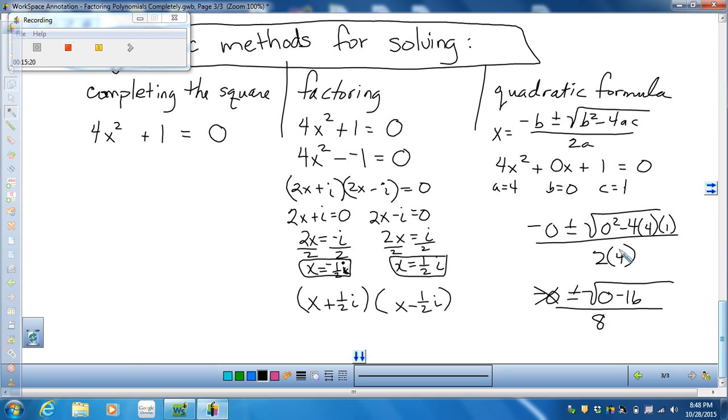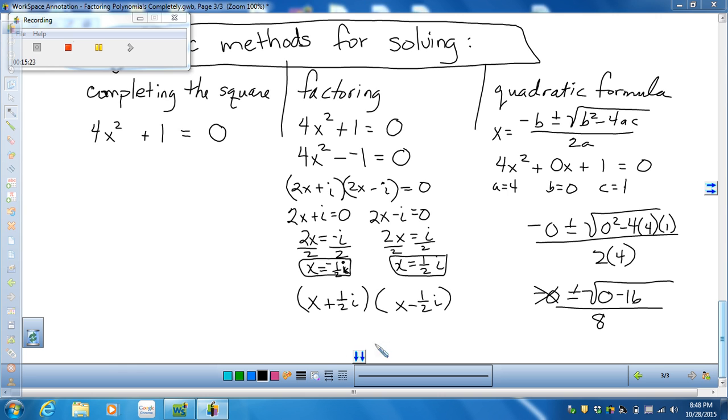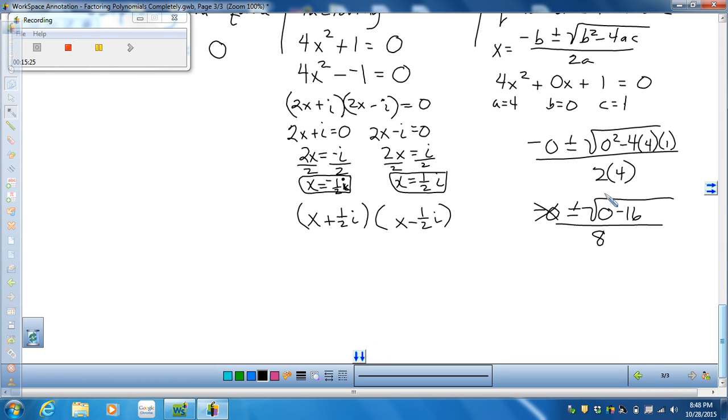On the bottom, we've got 8. Simplifying a little bit more, square root of a negative 16. Square root of 16 is 4. Square root of a negative is i, and that's over 8. That's positive or negative. So we end up with positive or negative i over 2, which is positive 1/2 i and negative 1/2 i.